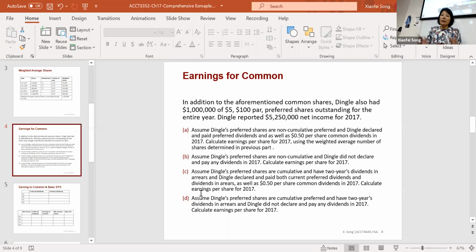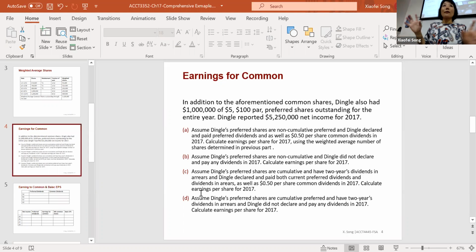And then we have these 4 different situations, just because sometimes preferred shares can be cumulative, sometimes non-cumulative. Also sometimes a company can pay dividends as prescribed. Sometimes they skip preferred dividends, or skip dividends altogether, and then do you have dividends in arrears or not?